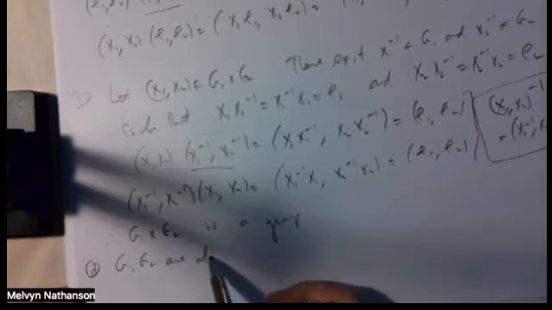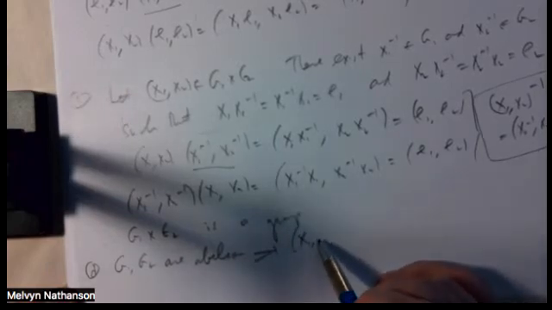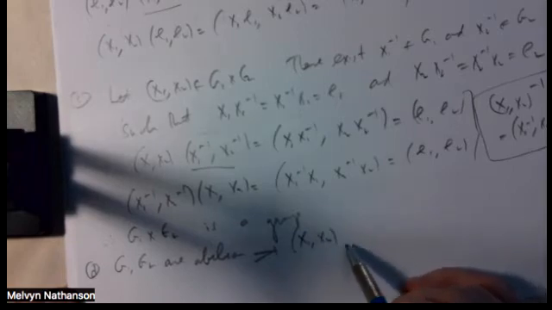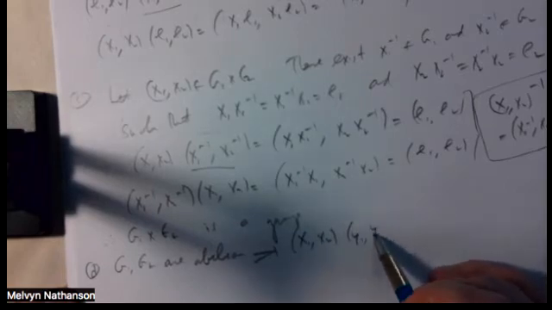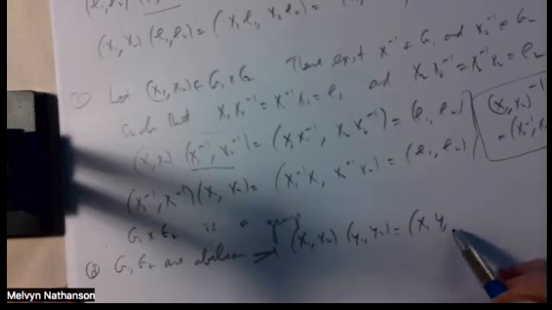Therefore, G1 × G2 is a group. And if both, not just one, but both G1 and G2 are abelian, then if I take the product of any two elements, (x1, x2) times (y1, y2), that's (x1 y1, x2 y2).